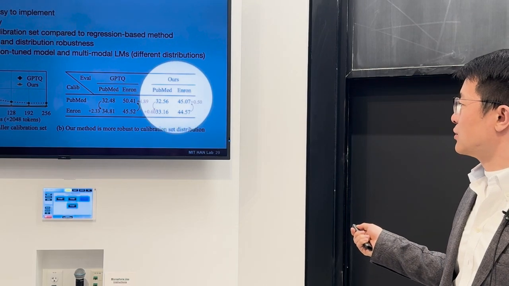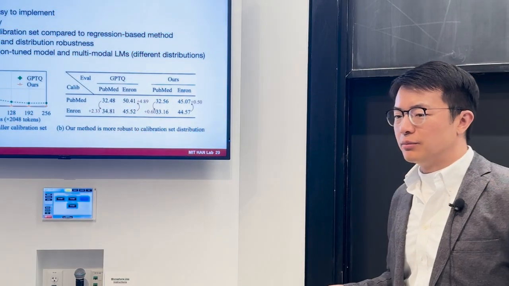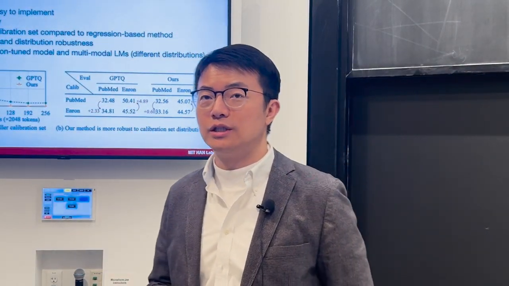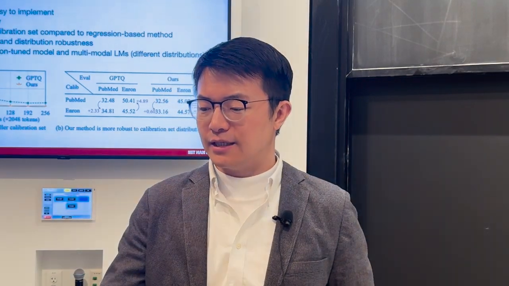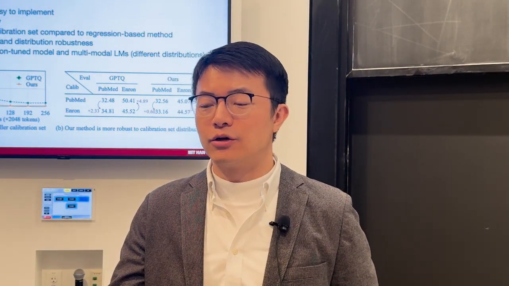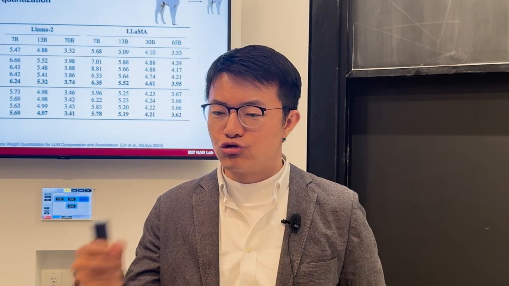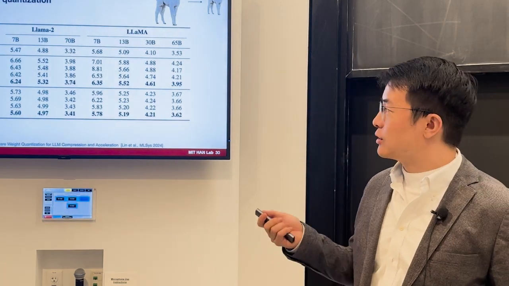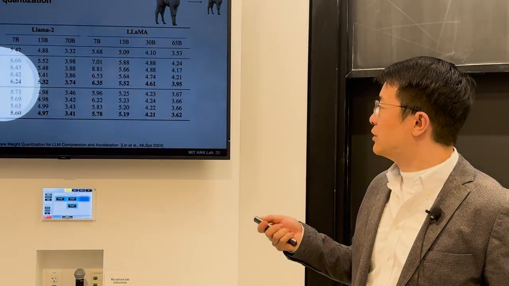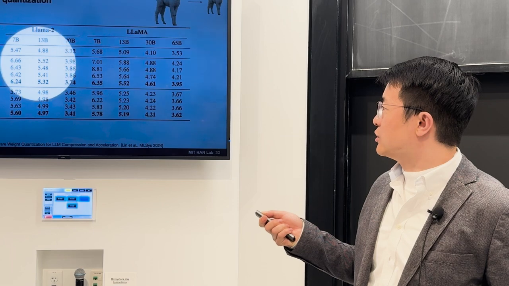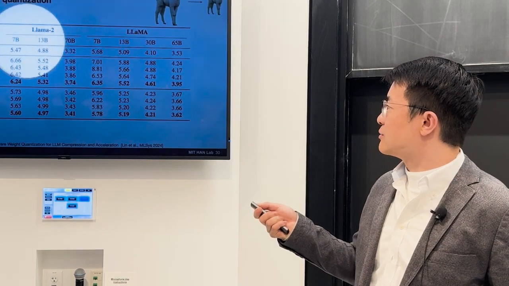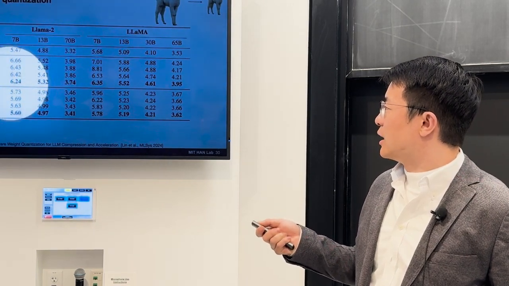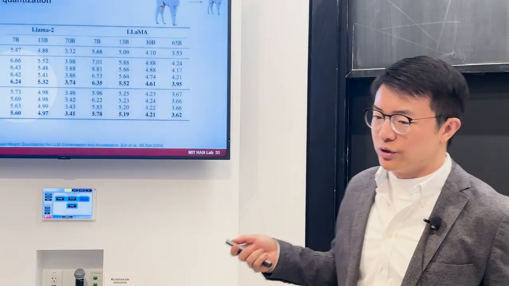AWQ has a very minimal perplexity increase when you switch to a calibration data set that is different from your accuracy testing data set. And this shows AWQ for large language model quantization on Llama and Llama 2, comparing different approaches across model sizes from 7B to 70B. The perplexity is pretty low.